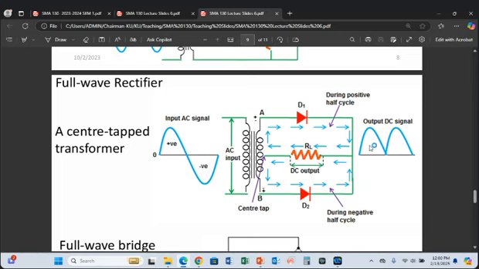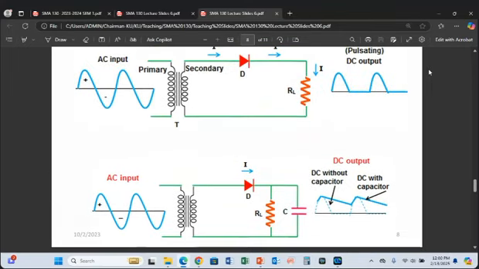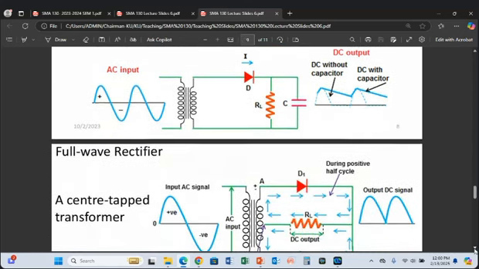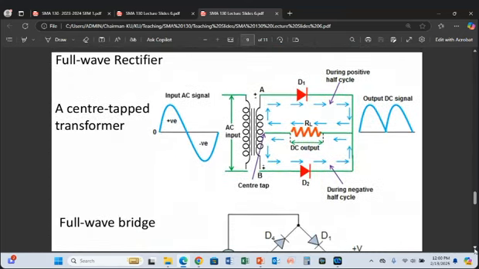The full wave rectifier consists of, for example, 2 diodes or 4 diodes. We call this a full wave rectifier. I want to leave it to you to see whether you are able to explain how a full wave rectifier operates. The input to that rectifier is an alternating voltage and the output is DC voltage. Now you can see the full wave has been allowed to pass.